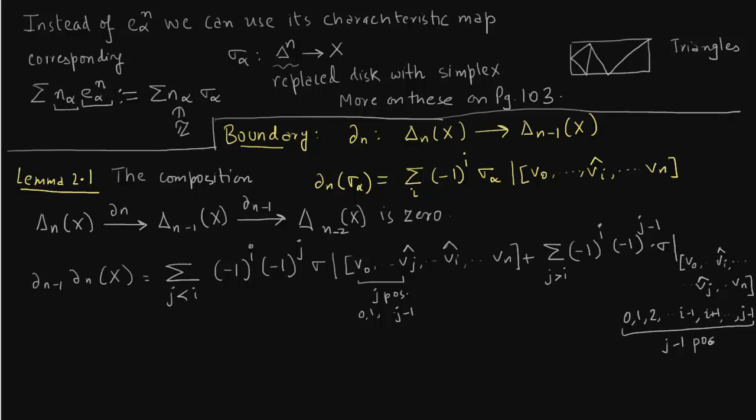That is why minus 1 is raised to the power of j minus 1. As you see, the first term has the opposite sign to the second term, because we have an extra minus 1 in the first term. So these two terms cancel out and what we get is 0.